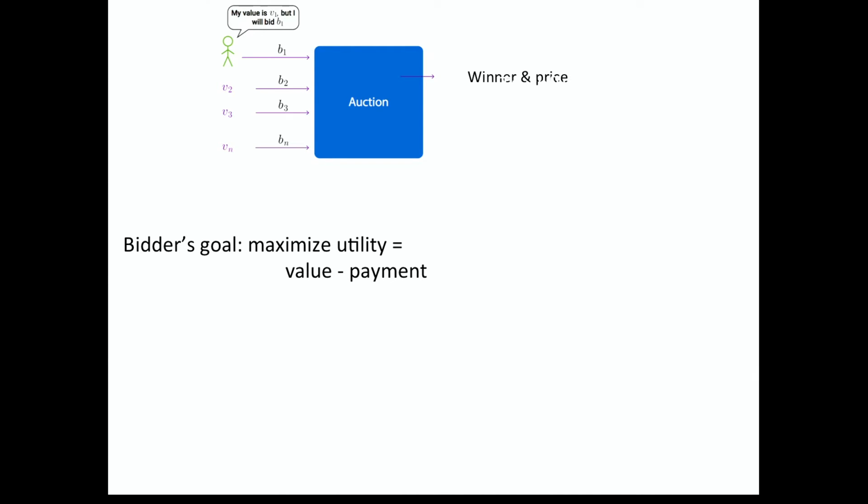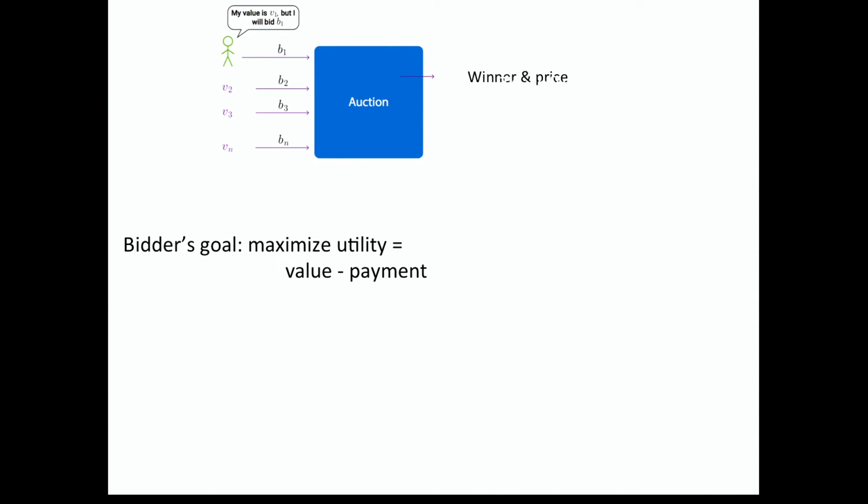The auctioneer specifies some rules for how, given whatever they bid, those are mapped to a winner and a price. The agents submit bids that hopefully will maximize their own utility. The utility here is the value they get for the item if they win it, minus whatever they pay.